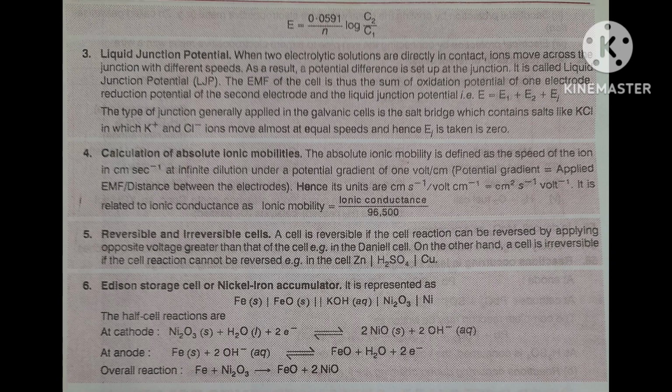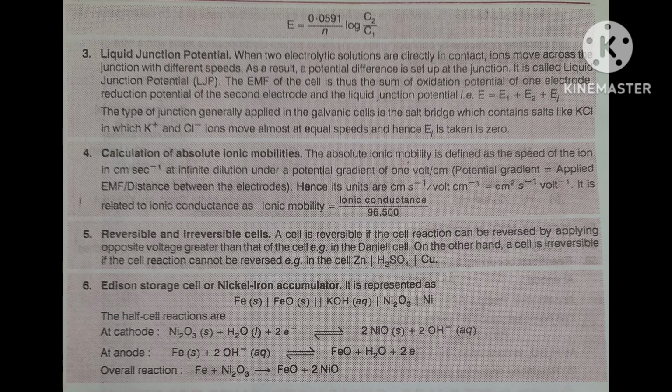E1 means the first electrode, anode, plus E2, the second electrode reduction potential, plus the liquid junction potential. If you add all three, then you will get the EMF of the cell.